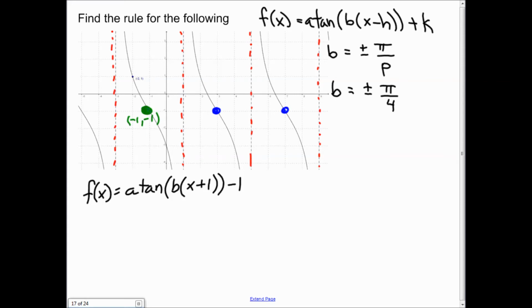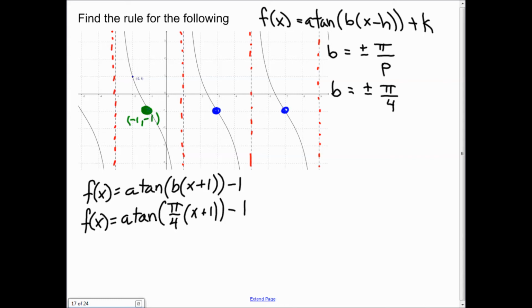Again, we get to choose whether we want it to be plus or minus, and it doesn't really matter because it's going to affect our parameter either way, and we're going to be able to come up with a function rule no matter what sign we choose for the parameter b. So if we choose a positive, because most people will prefer to use positive, so we'll just follow that convention, we're then going to deal with a function rule that looks like f of x is equal to a tan of pi over 4, positive pi over 4, times (x plus 1) minus 1.